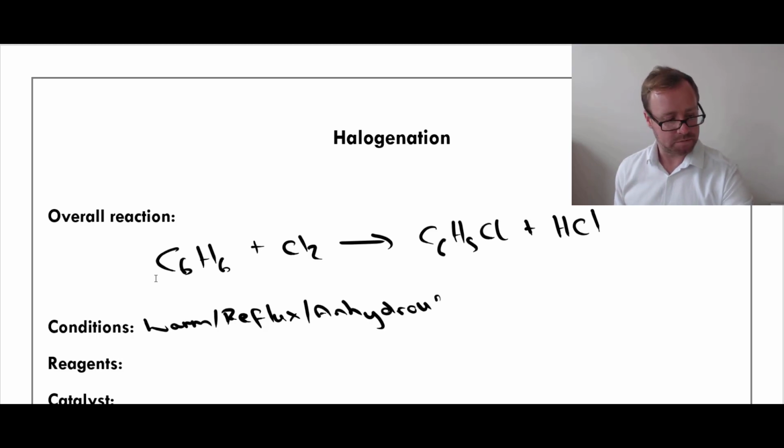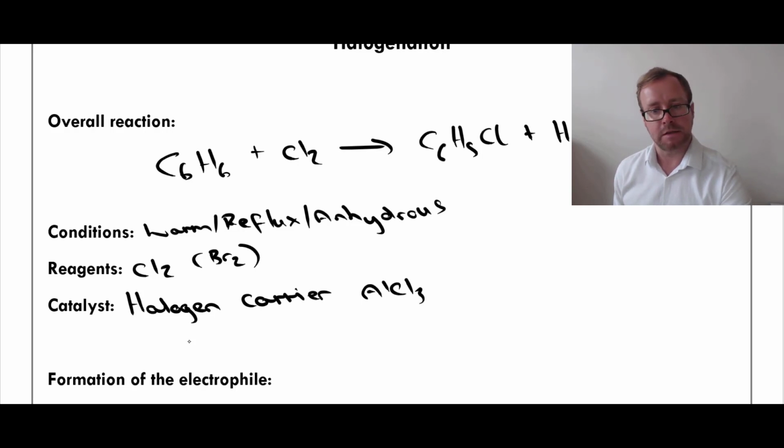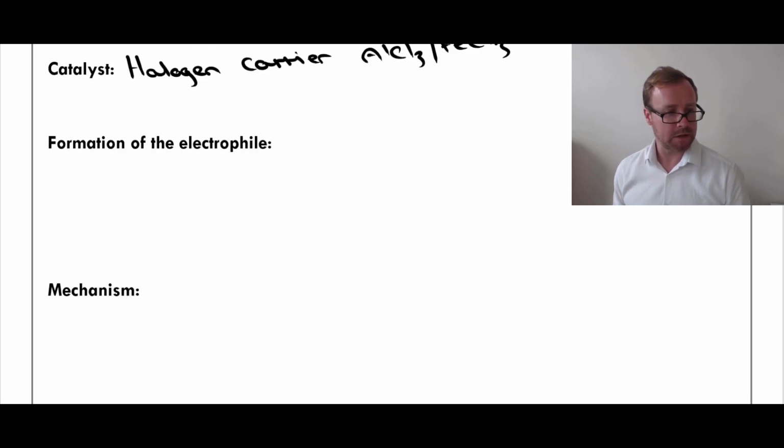The reagents, chlorine, depending on which one we are talking about, the halogens might be bromine as well, mixing with the benzene obviously, and the catalyst is a halogen carrier, AlCl3 or FeCl3.